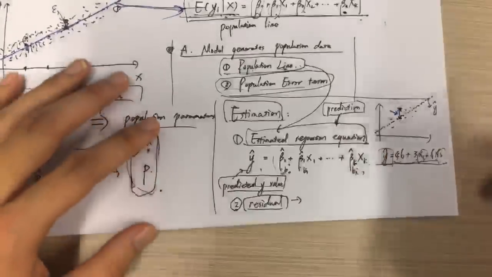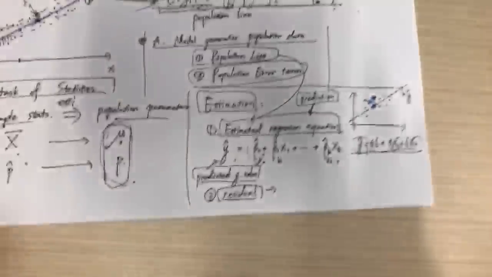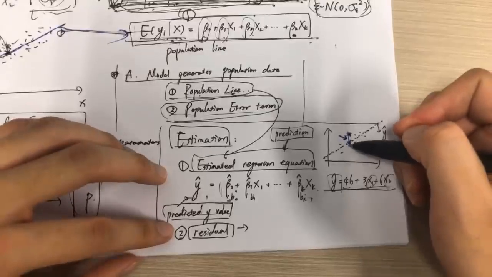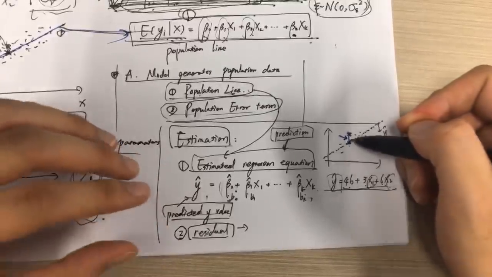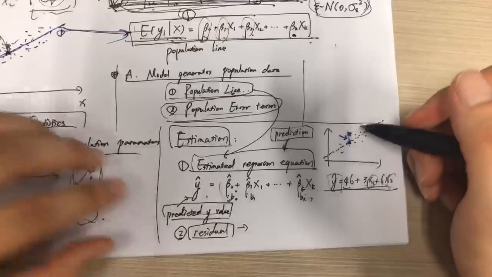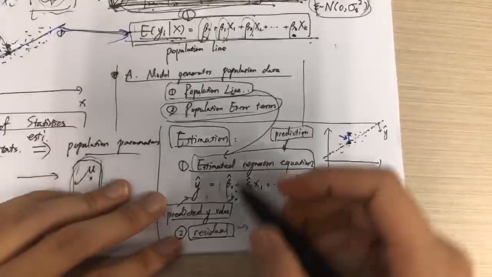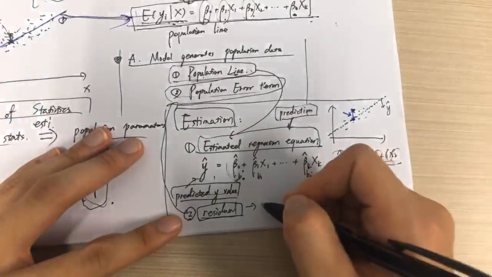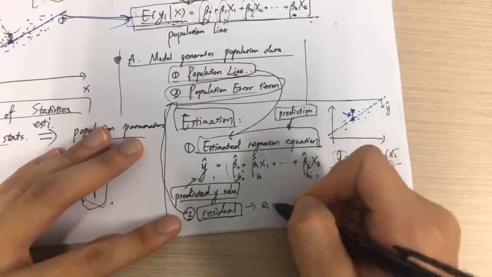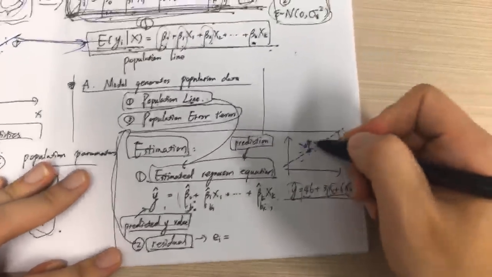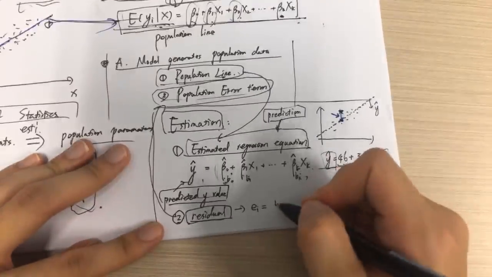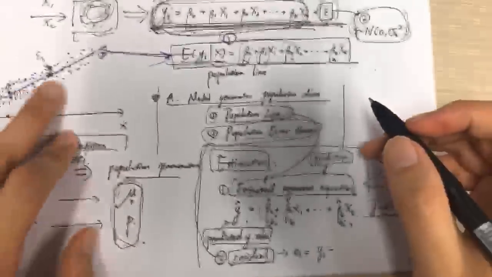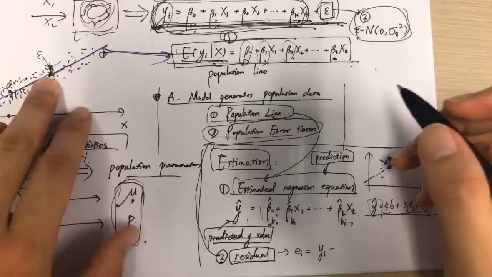Therefore, the residual, the second part, is very important. Residual first is an estimation of the population error term, okay? So we call it e_i, and it is calculated by the actual y value, y_i, minus your predicted y value, instead of the expected y value here.